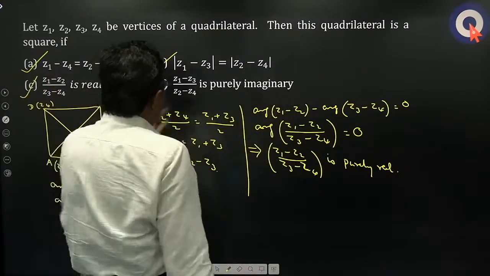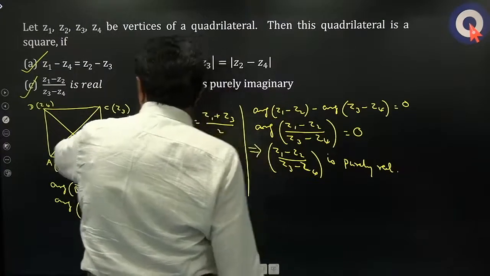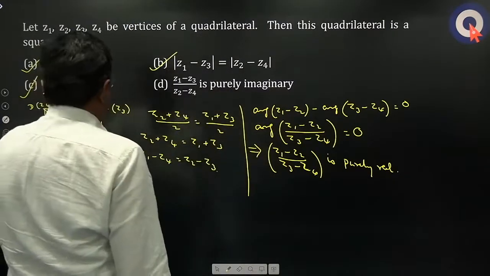And then Z1 minus Z3 by Z2 minus Z4 is purely imaginary. Let us see that.